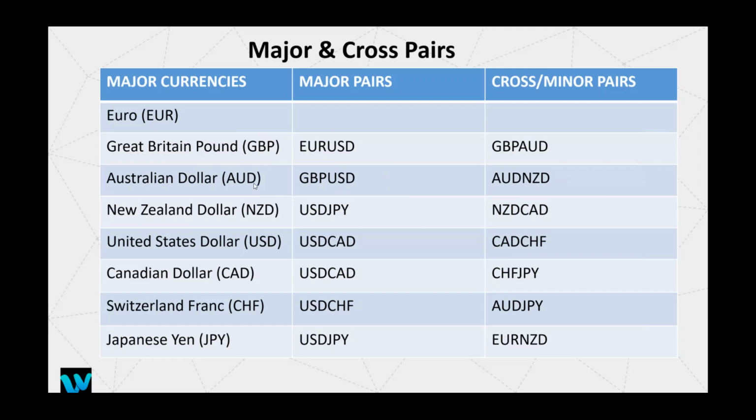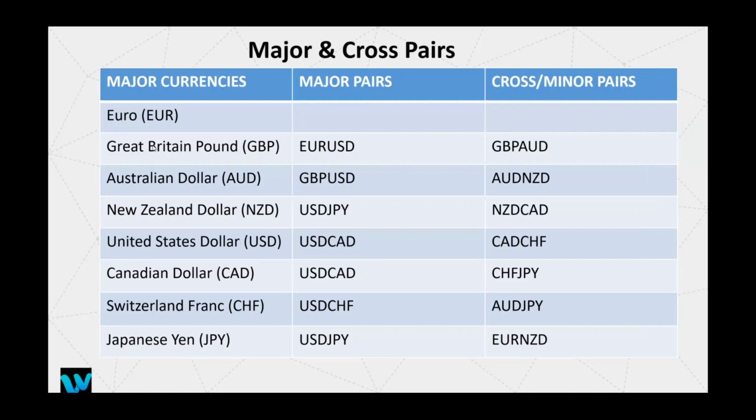So that's why it's the most important currency: it is the most popular and the most traded. If you want to trade your oil, you trade it in dollars. If you want to trade your gold, you trade it in dollars. So when you pair the other currencies against the United States dollar, you have what we call the major pairs.